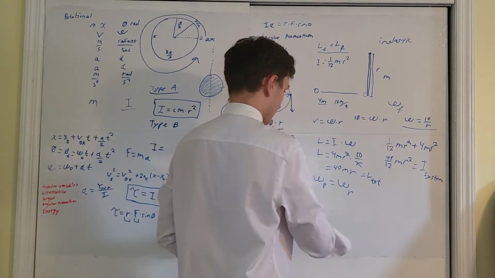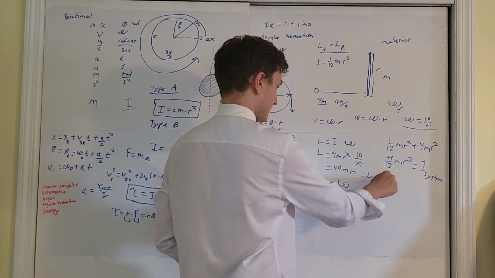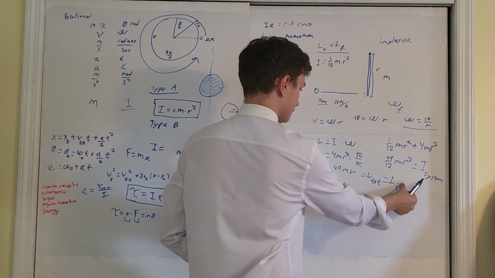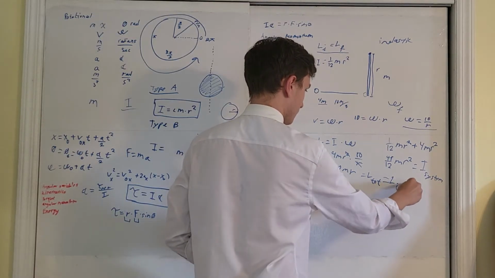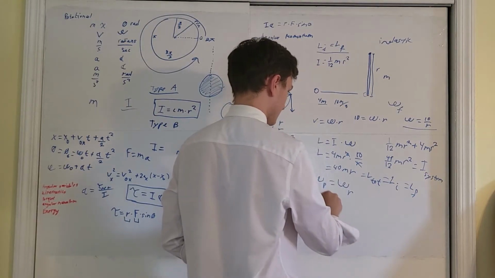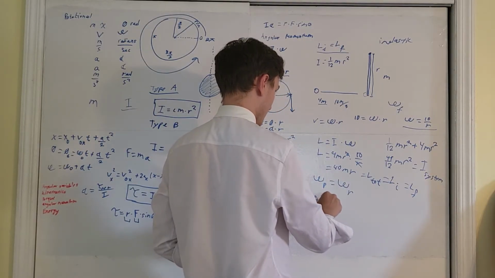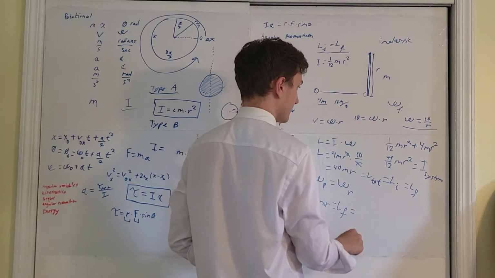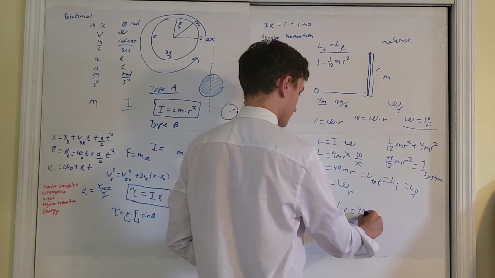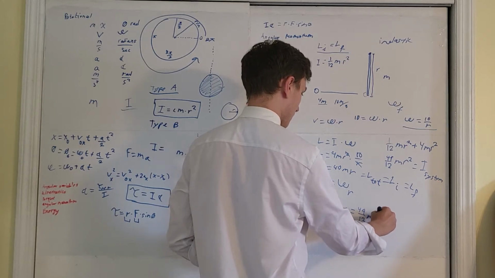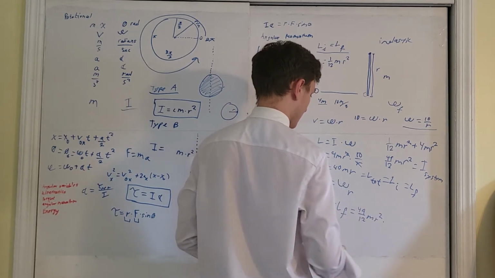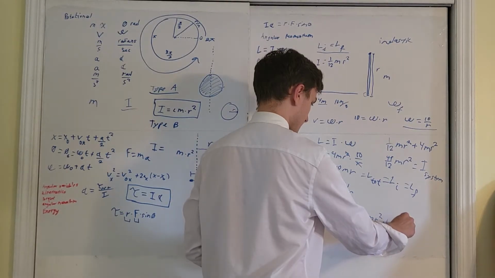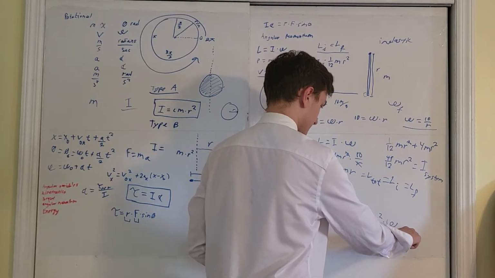So now I'm going to set the initial angular momentum equal to the final angular momentum. Initial angular momentum being 40 mr, final angular momentum being 49 over 12 mr squared multiplied by our angular velocity, omega system.